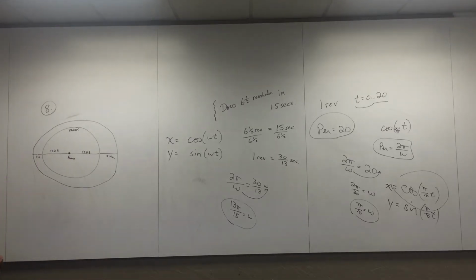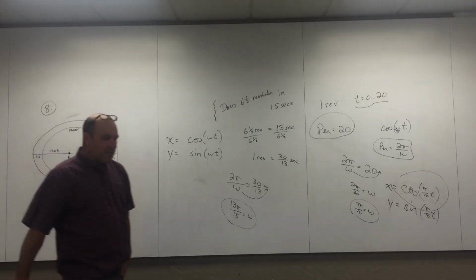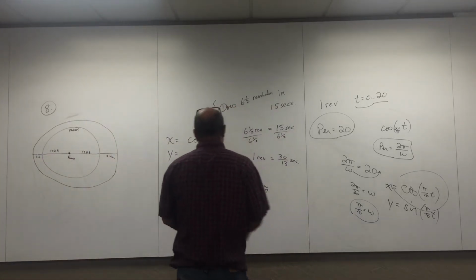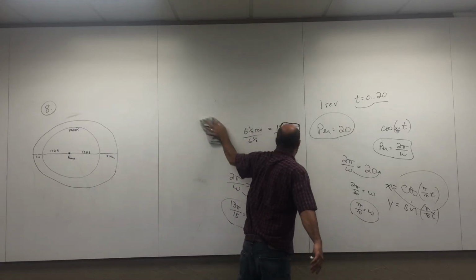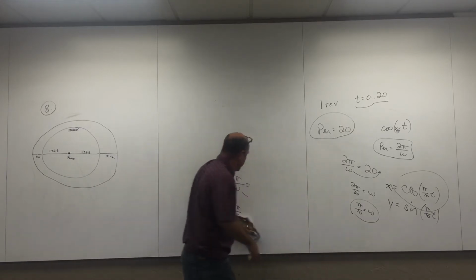I don't know how much that's going to help me. What am I supposed to be doing? Find the equation of the ellipse. Oh, I need the equation of the ellipse. This is kind of from 10.1.